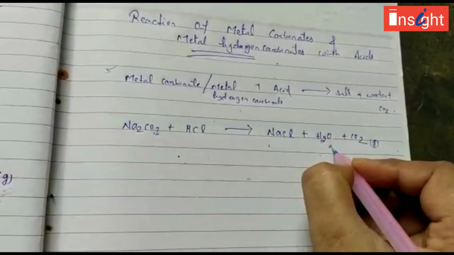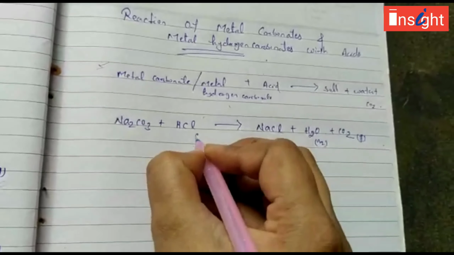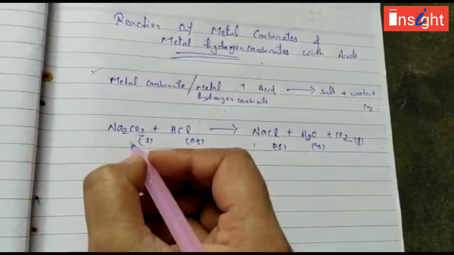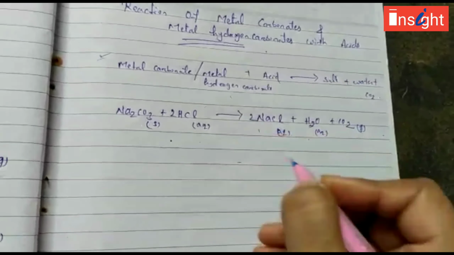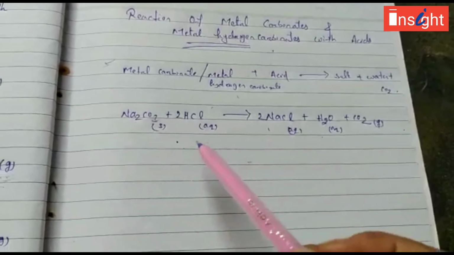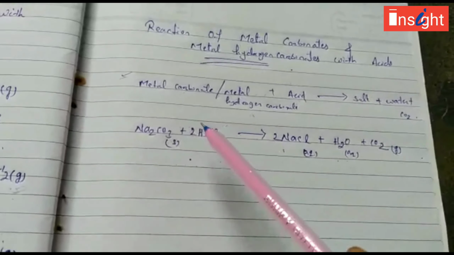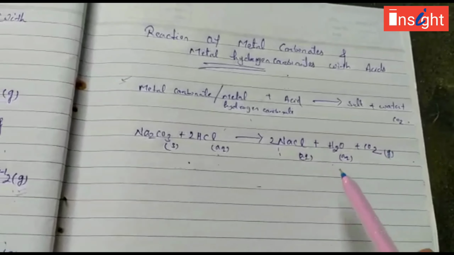This is in aqueous form, this also is in aqueous form, this is also aqueous and this is in solid form. To balance it, I can write 2 here and 2 here. This is the reaction: sodium carbonate reacts with hydrochloric acid, and we get salt, water, and carbon dioxide gas is produced.